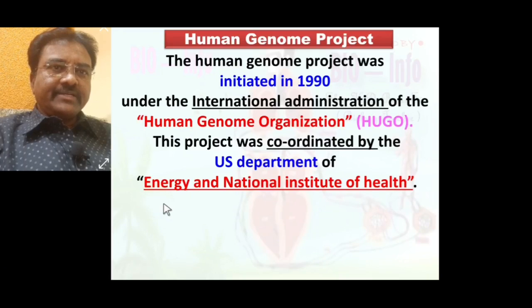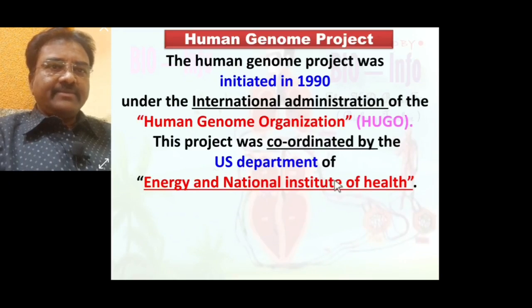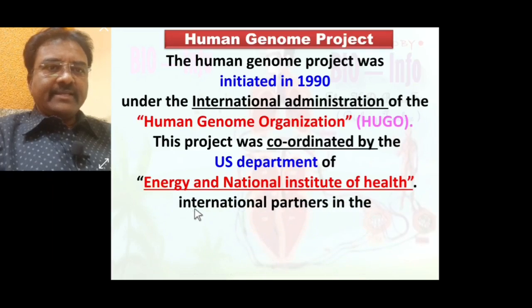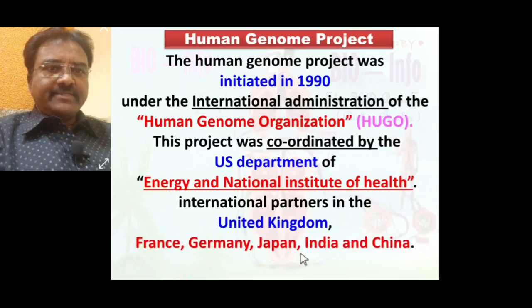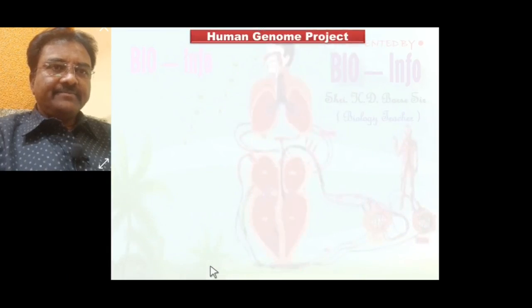The Human Genome Project was coordinated by the US Department of Energy and National Institutes of Health, with international partners in the United Kingdom, France, Germany, Japan, India and China.